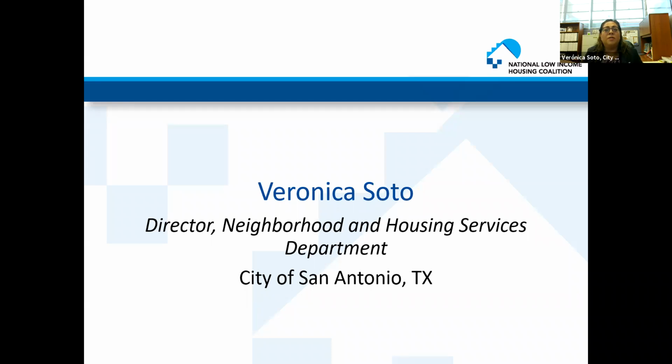We were intentional in our design. So that graphic that Erin showed about making sure we said the word matrícula consular, which is a consular ID, was very intentional. Once we knew we had to do this online because we couldn't have in-person interactions, we couldn't do in-person intake, and we knew we had to take this program online to get an application intake, we were very intentional about making sure it was in Spanish.